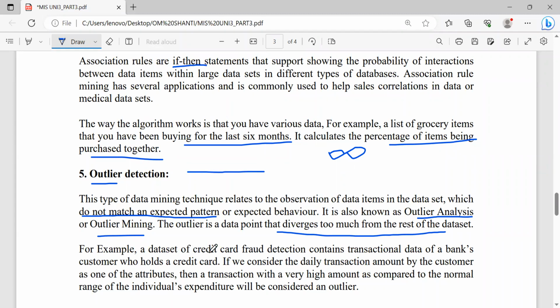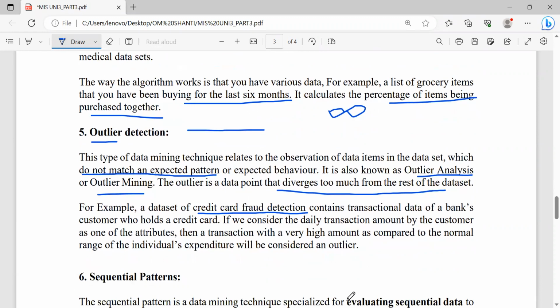For the data set of credit card fraud detection, it is a very popular example. What happens here? Suppose a person is using a credit card and daily his credit limit is 1000 rupees. वो रोज क्या करता है, क्रेडिट कार्ड को 1000 रुपीज तक यूज करता है एंड suddenly his credit card usage exceeds 1 lakh per day. It means something went wrong, some fraud happened with that.